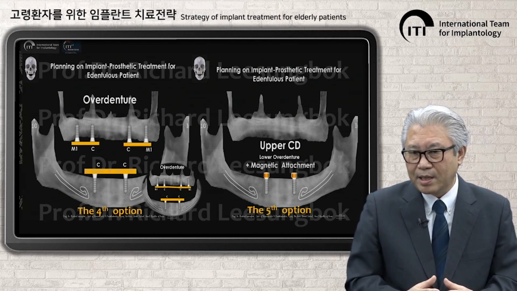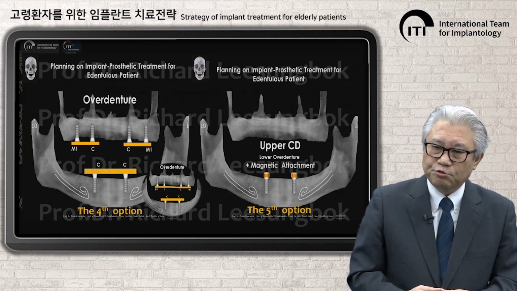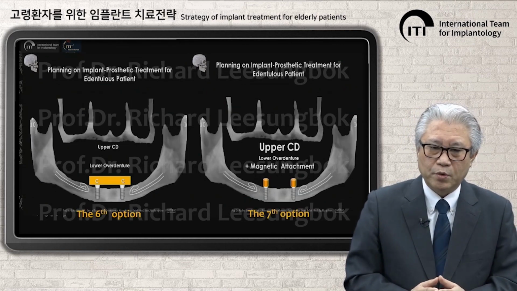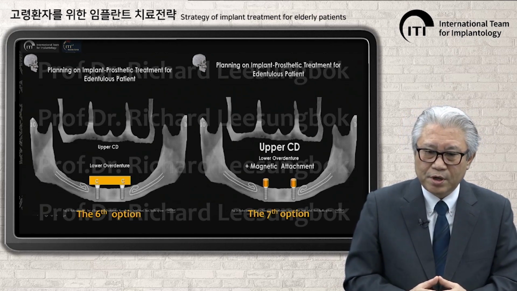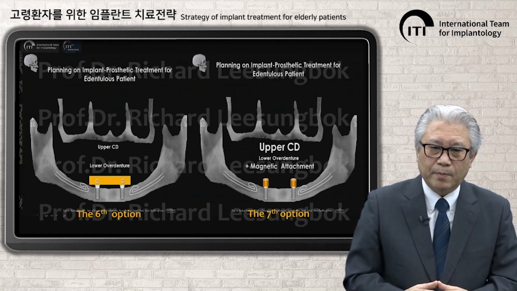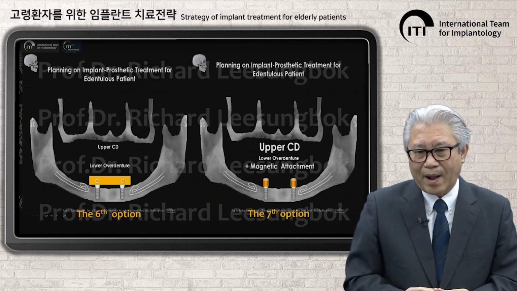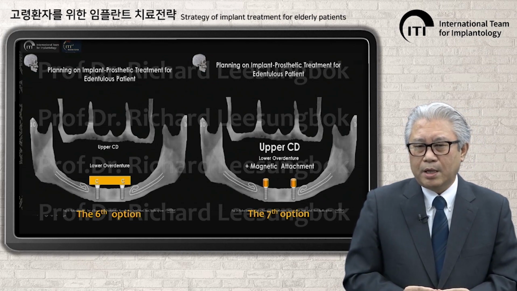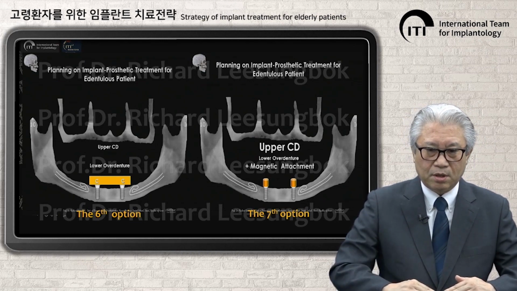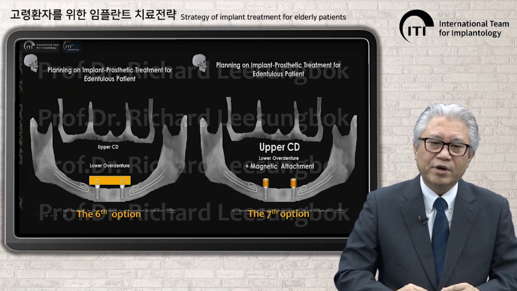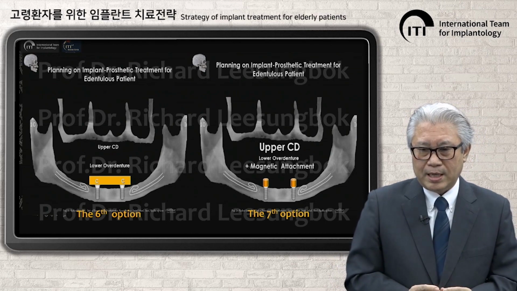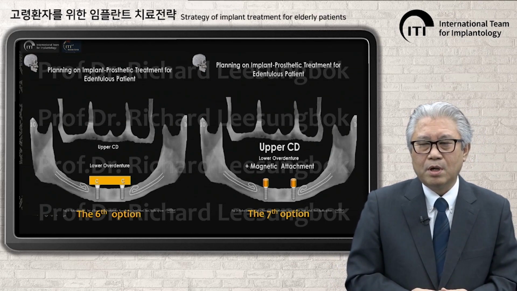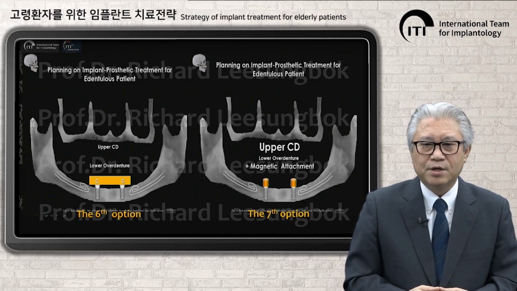and connect the single standing retainers. The sixth and the seventh options are when the edentulous jaws are heavily absorbed and lowered. With the sixth option, we can provide a complete denture on upper and an overdenture supported by bar structure for 2 implants on lower.